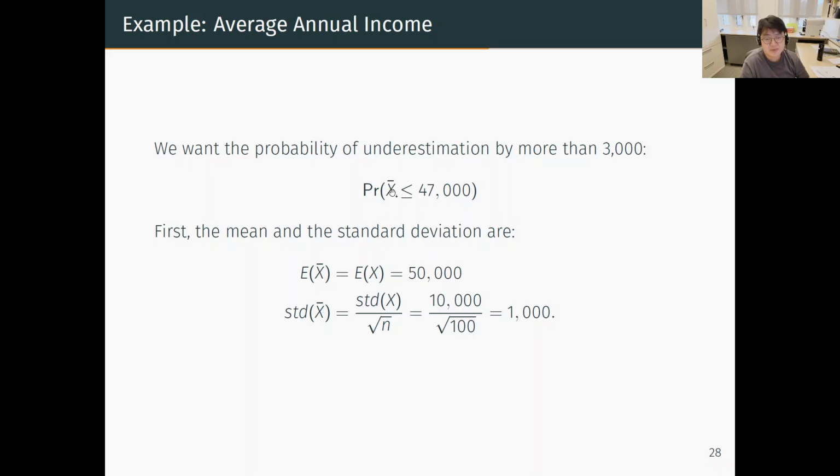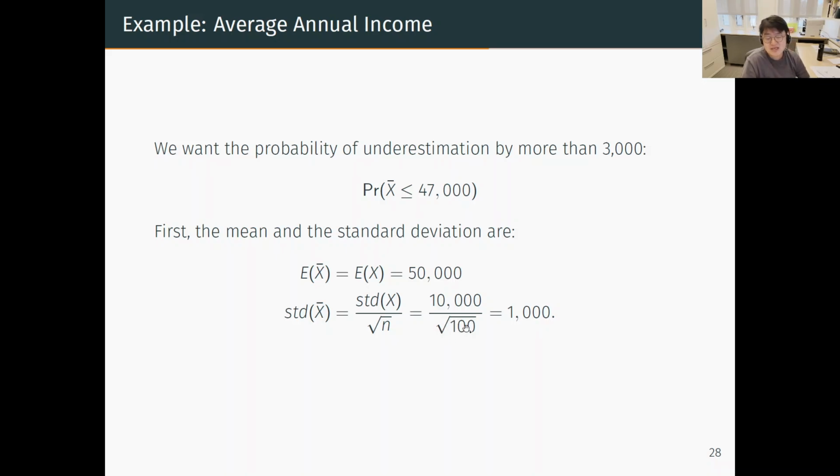of x bar, the sample average, is the single person's standard deviation divided by the square root of n, the sample size. Our sample size is 100, since we survey 100 people. So the denominator is the square root of 100, which is 10. That's why I chose 100 as the sample size.